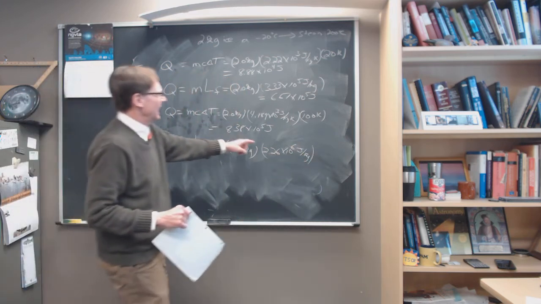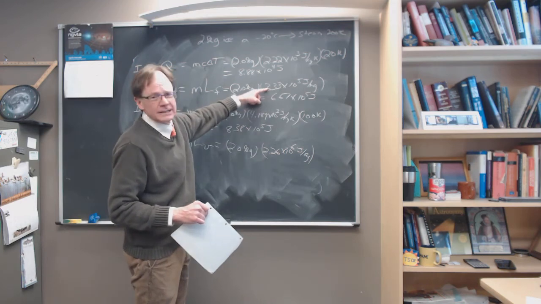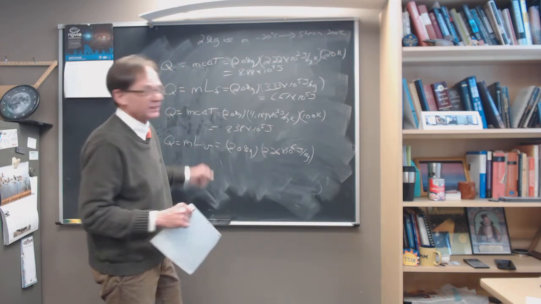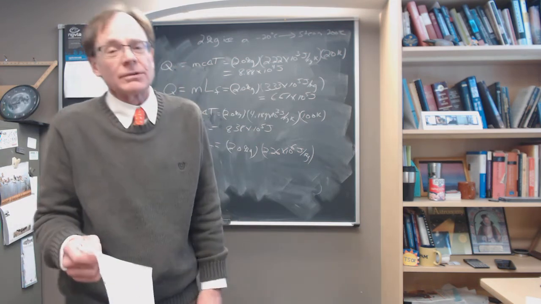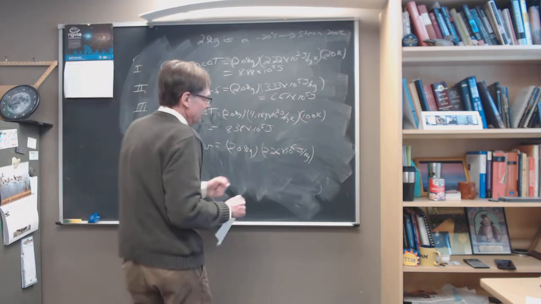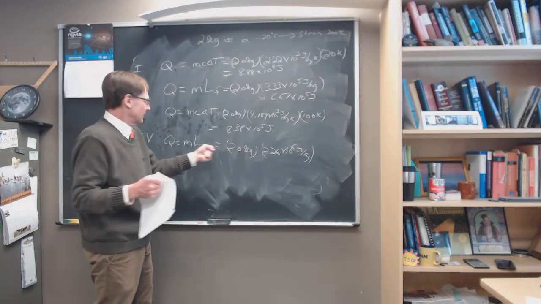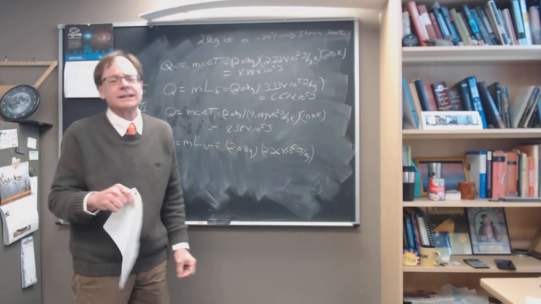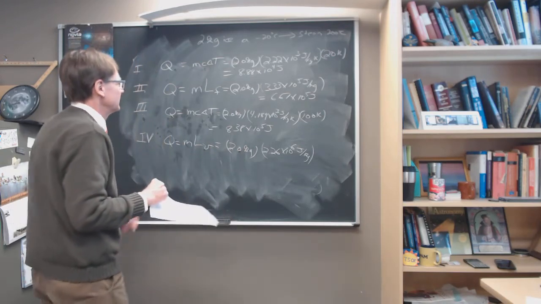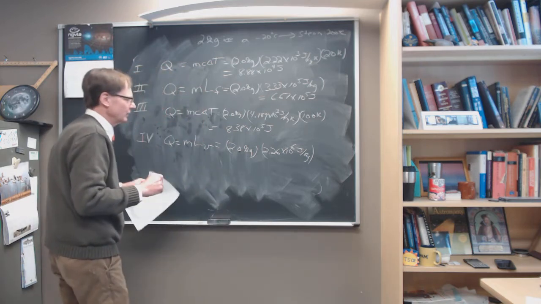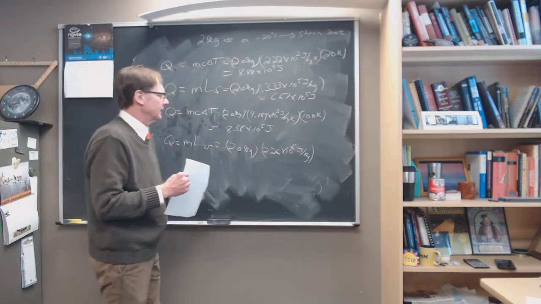This is almost an order of magnitude larger than the latent heat of fusion. This is a general rule that you'll find: to really separate those molecules, to really do this break, it takes a lot of energy. So the latent heat of vaporization is significant relative to the latent heat of fusion.